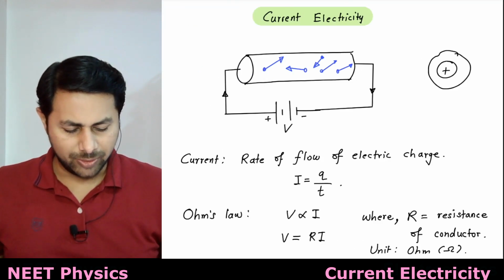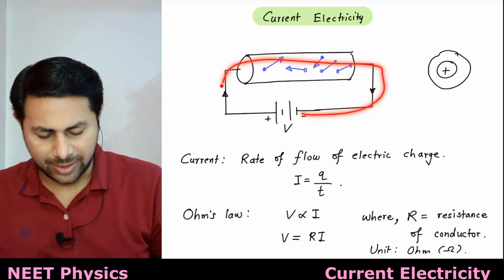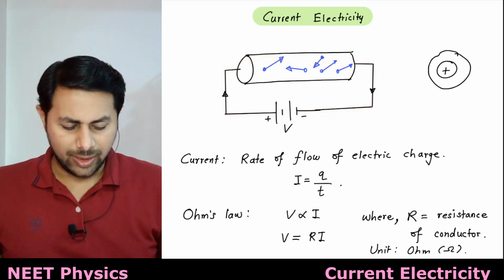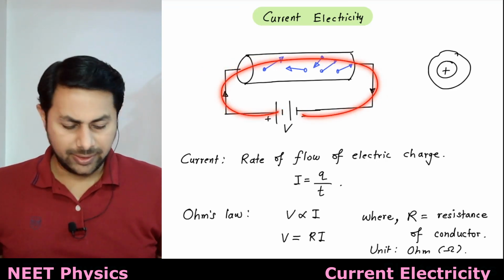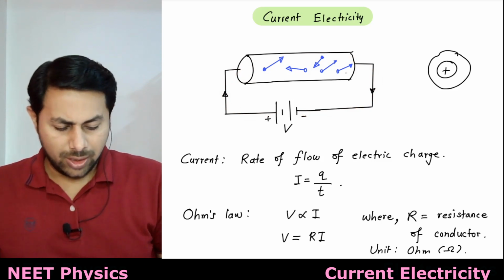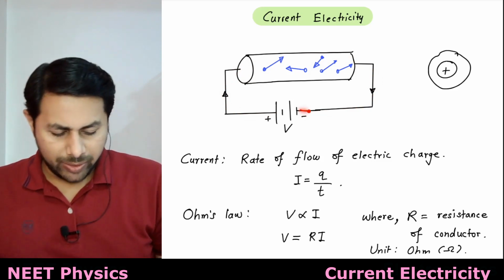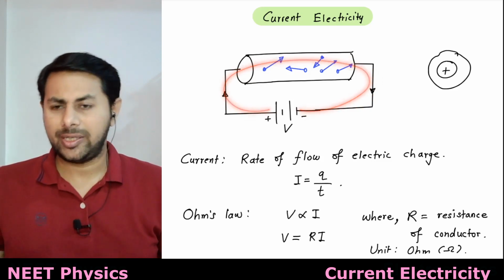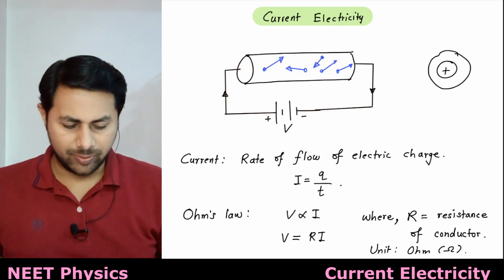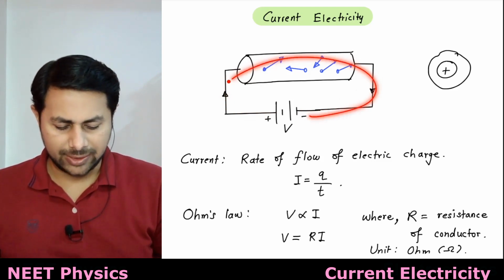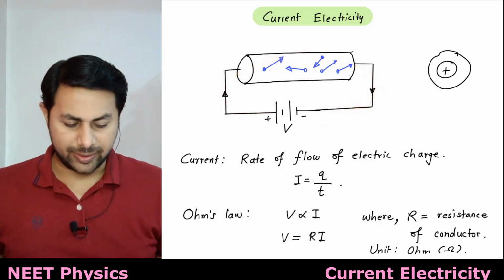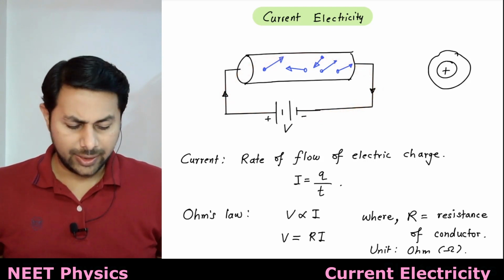Suppose electrons want to move, let's say, from this side to that side. The more electrons moving from this side to that side, the more would be the current, right?